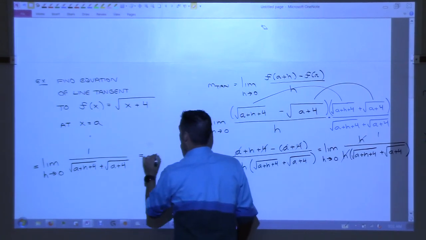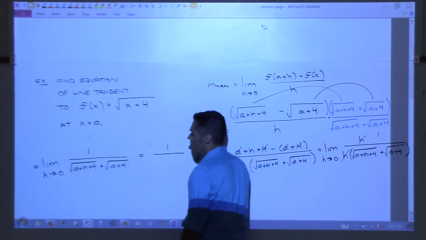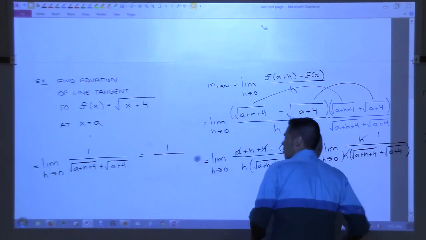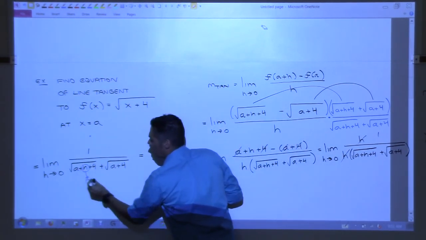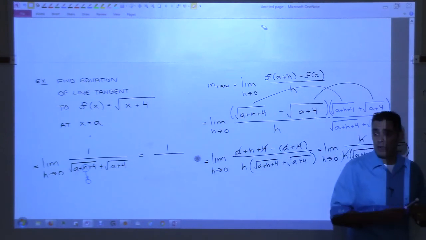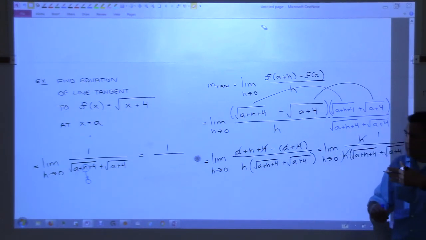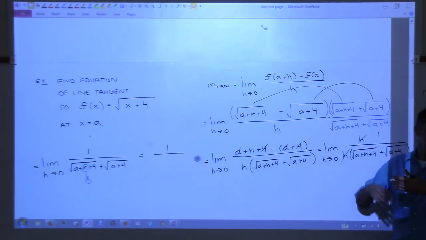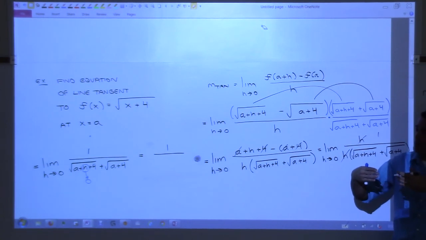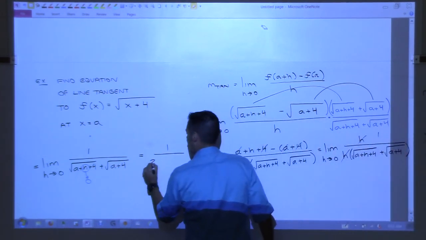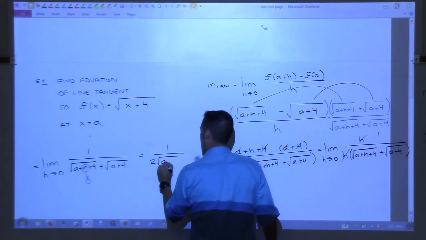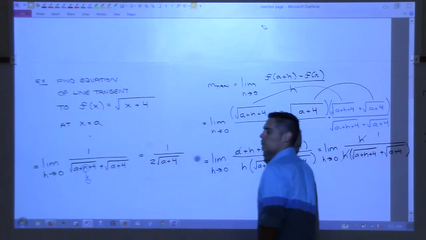We're going to get a 1 on top. And on the bottom, if that H vanishes, if that goes to 0, all you're left with is an A plus 4 under there. So you have root A plus 4 plus root A plus 4. Not times, right? Plus. So you have two things added together and they're identical. So you have two of them. So this is 2 root A plus 4.